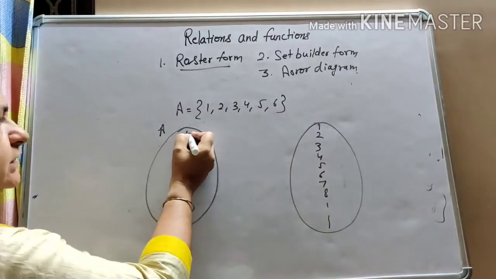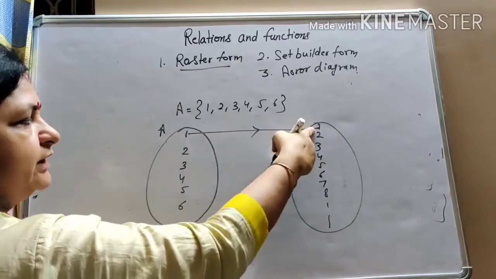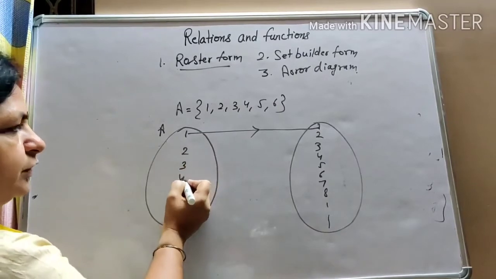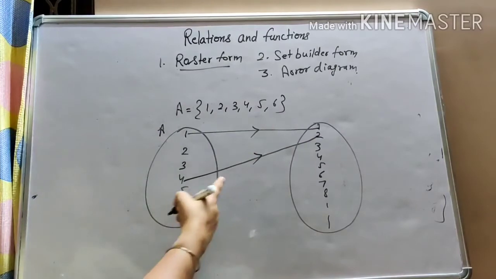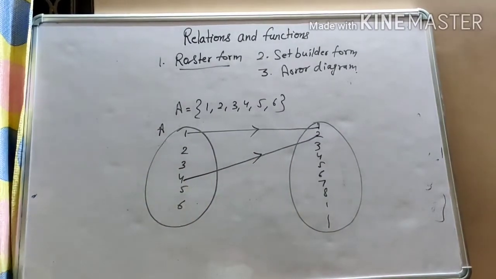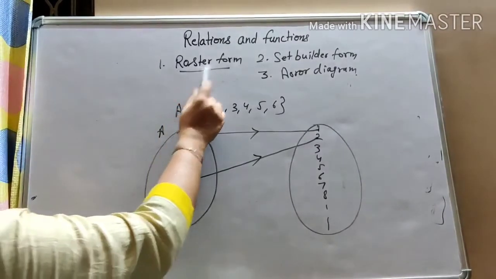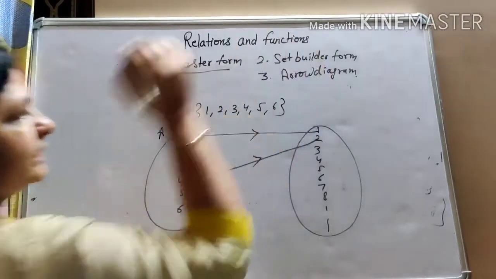Now relation between, we have relation between 1 and 1, and we have relation between 4 and 2. So this is the representation of the relation by an arrow diagram. So in this way we can represent relation in roster form, set builder form, and by arrow diagram.